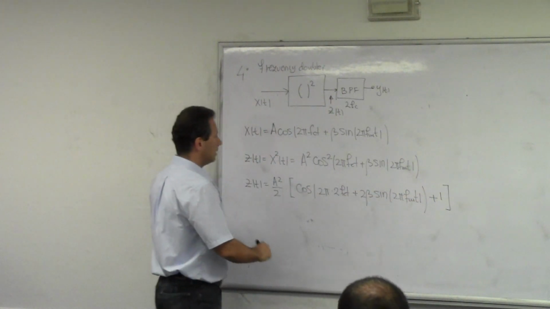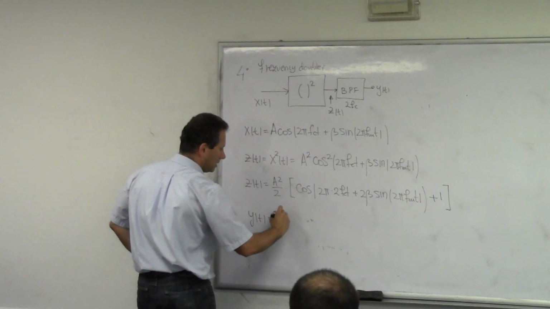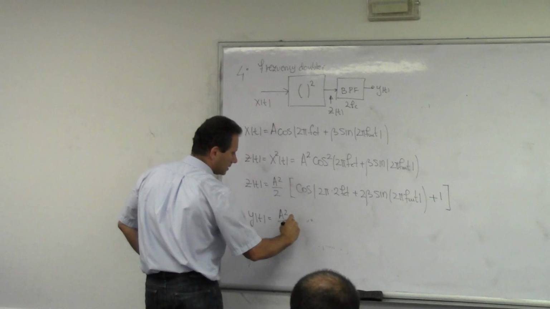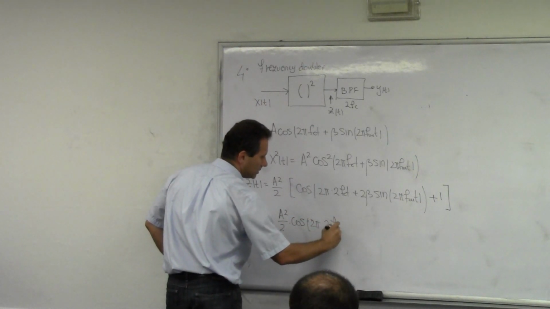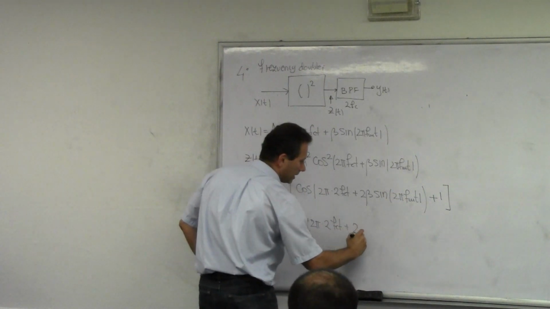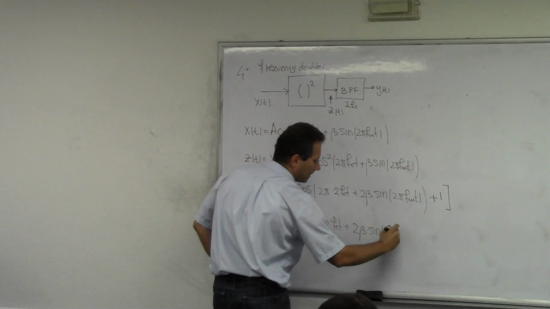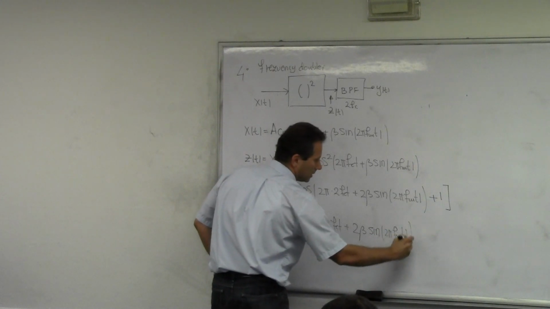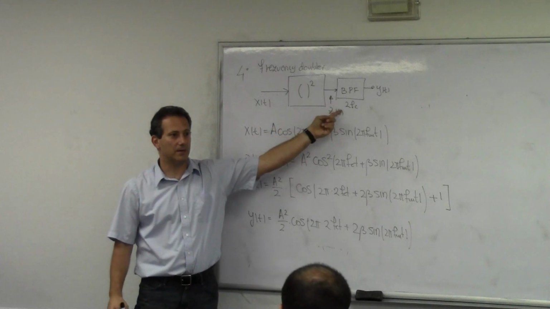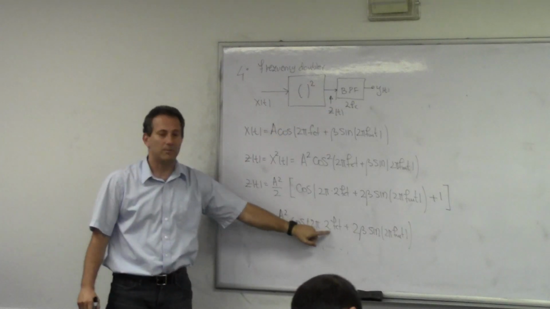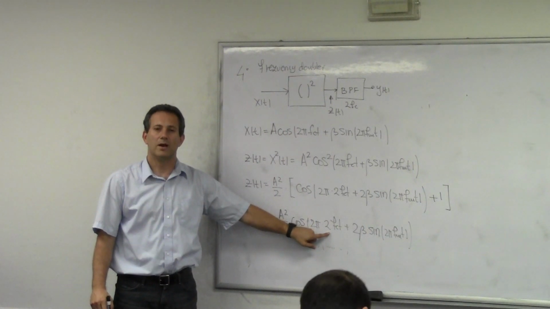So my y of t is going to be a squared over 2 times cosine of 2 pi times 2fct plus 2 beta times sine 2 pi fm t. So what has happened as a result of this nonlinearity followed by the bandpass filter is I have doubled the frequency of the carrier. What else have I doubled?